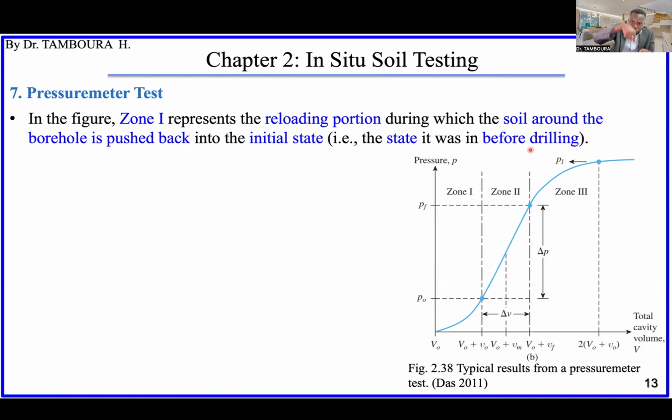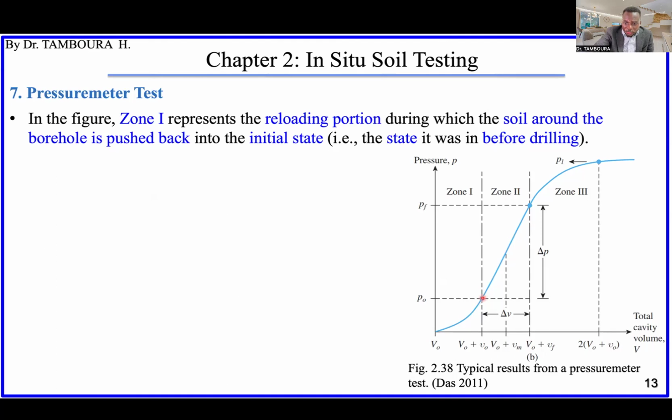But if you put the probe and apply pressure, pushing back the soil on each side, at first the soil will get back to its original state, before you disturbed it. That is this portion here.